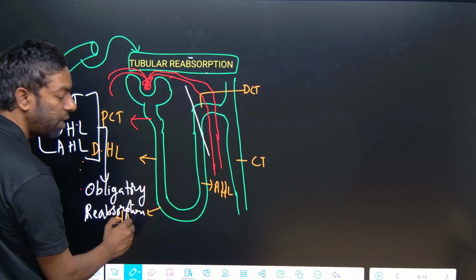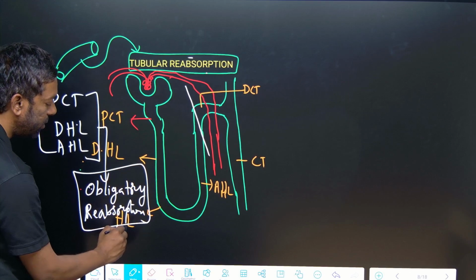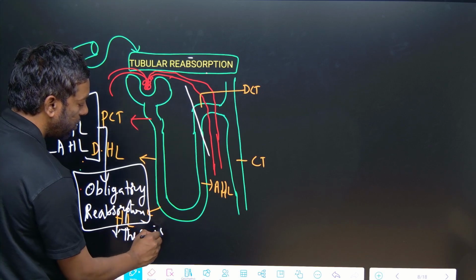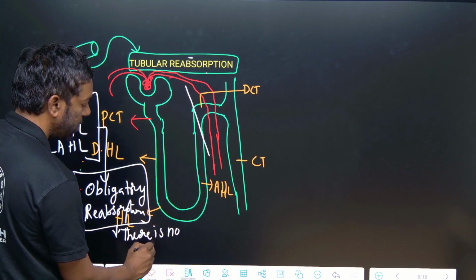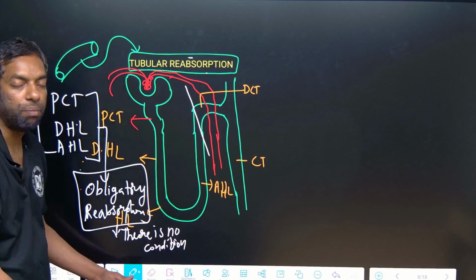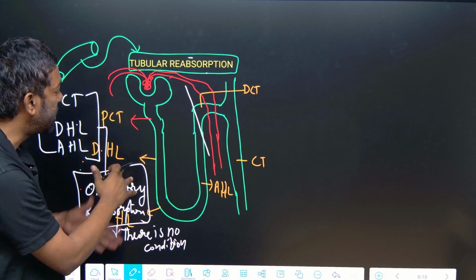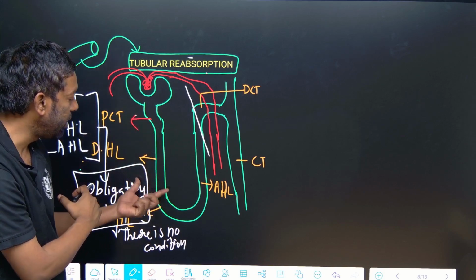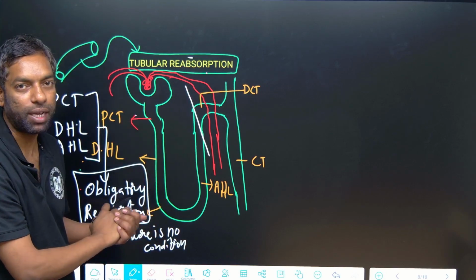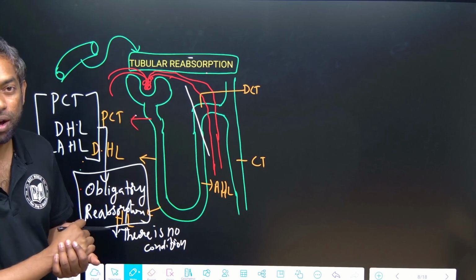Obligatory reabsorption means there is no external factor involved and no condition; it is not conditional reabsorption. Obligatory reabsorption takes place in these three parts: the PCT, the ascending Henle loop, and the descending Henle loop.